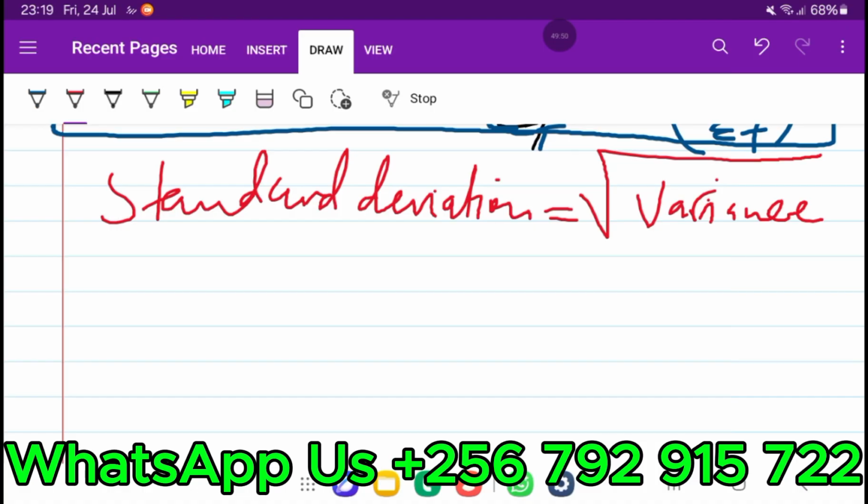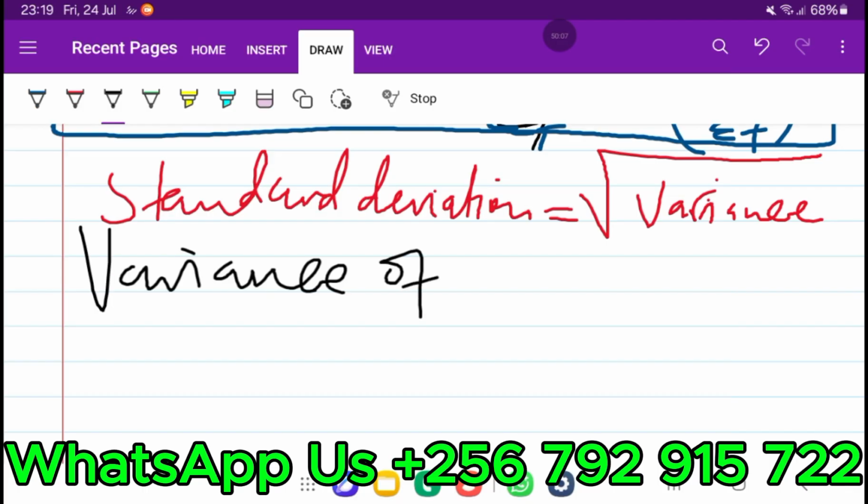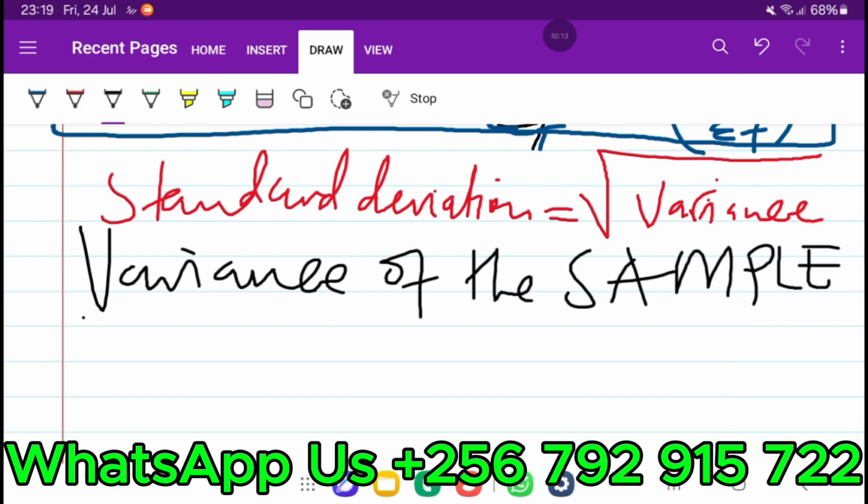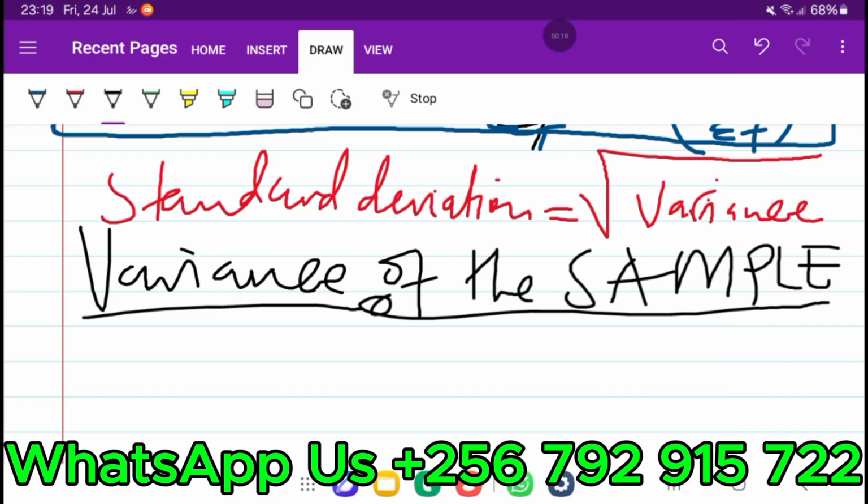So the reason why the examiner may ask you this is specifically for when you are looking for the VARIANCE of the sample. Let me write it in capital letters. Now, the variance of a sample, the only reason why the examiner can ask you that is because most of the time we always analyze the sample.